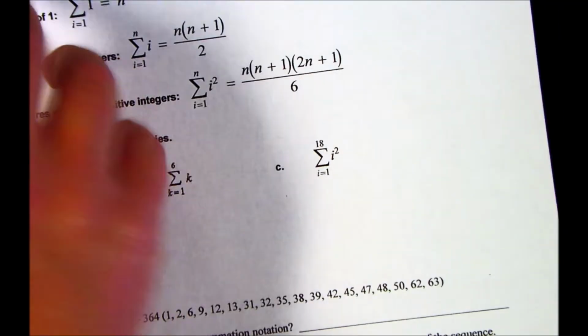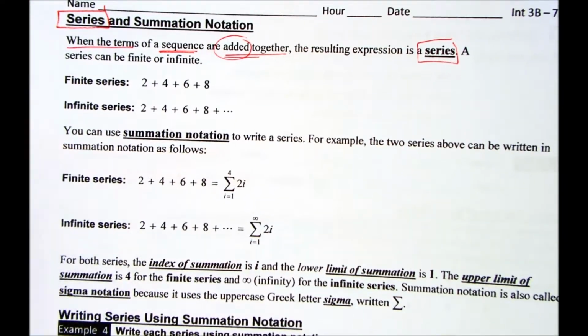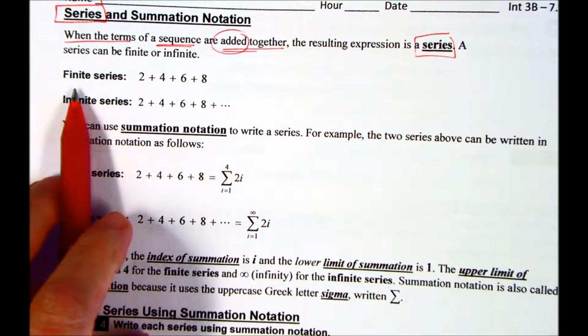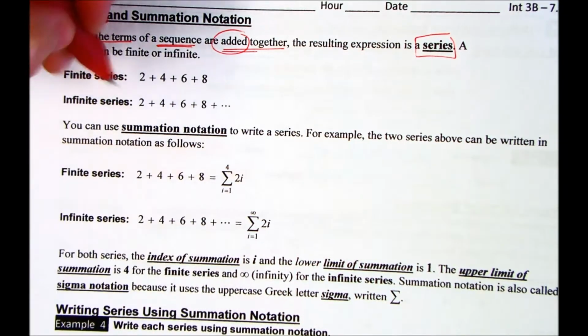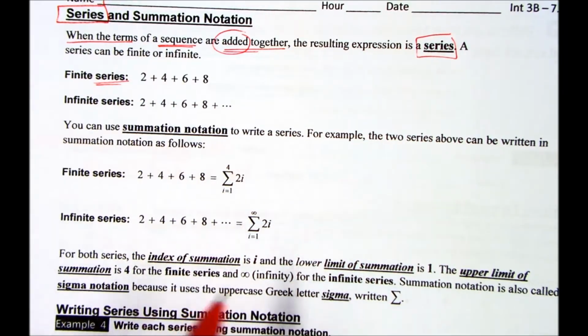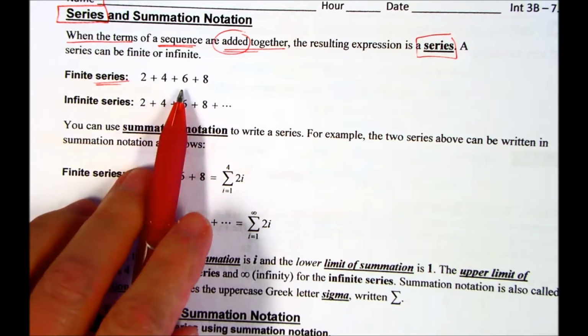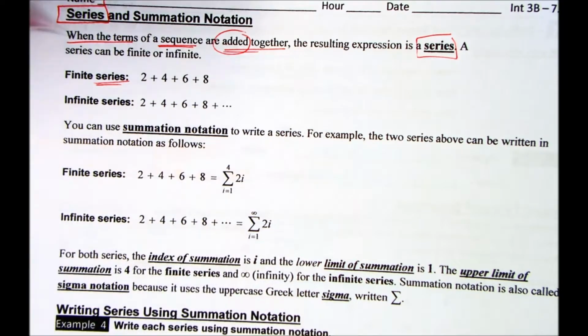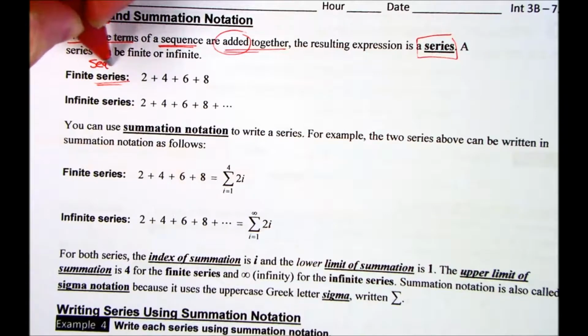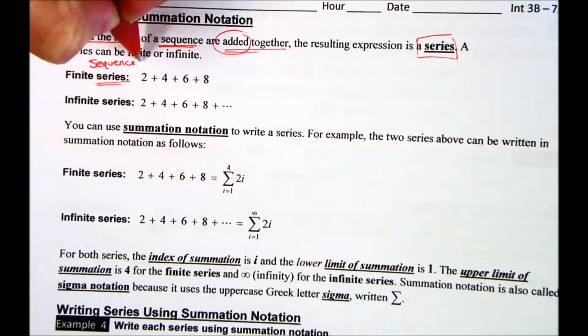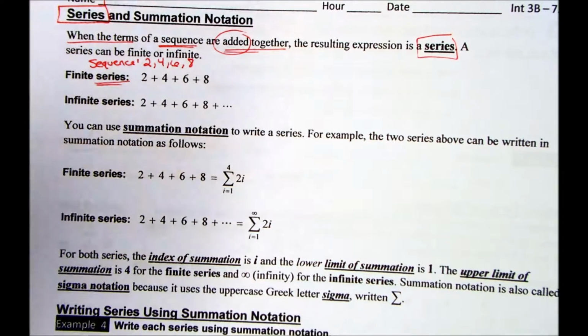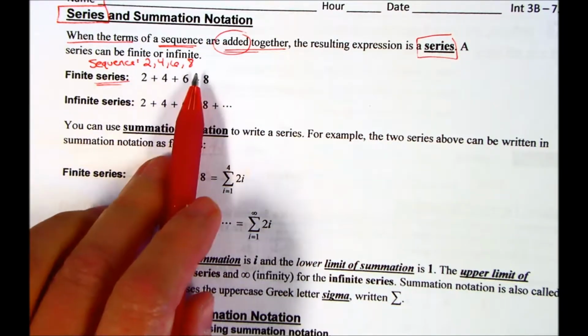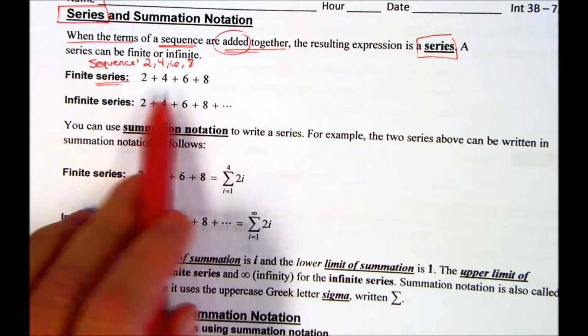Okay, so how do we do that? Well, in the example on the other page, when we were given a finite sequence rather than a series, it was just a list of numbers. It was 2, 4, 6, 8. So the difference between writing a sequence and writing a series is basically you're adding them up.